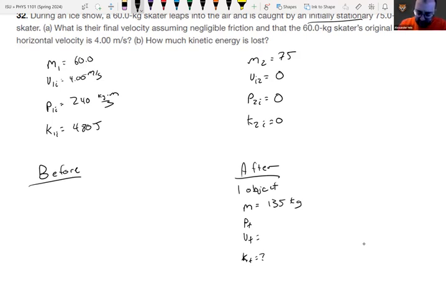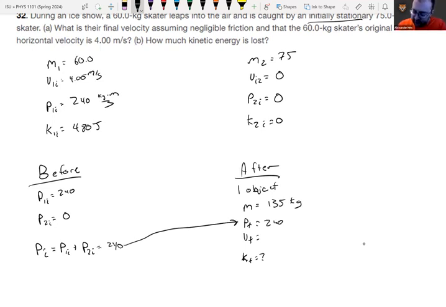So we do P1 initial, which we already found was 240. P2 initial was just 0. So our P initial is P1 initial plus P2 initial, adding the momentum of the two different objects, which is 240 plus 0. And that goes to the P final. So that is 240.